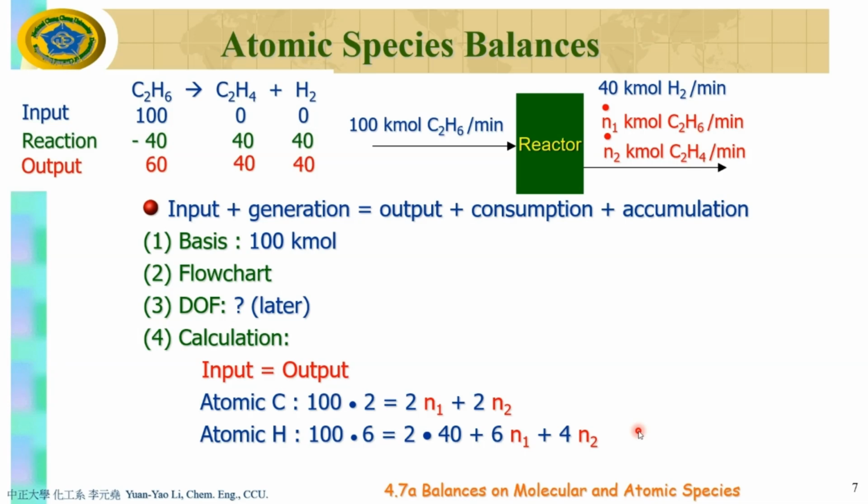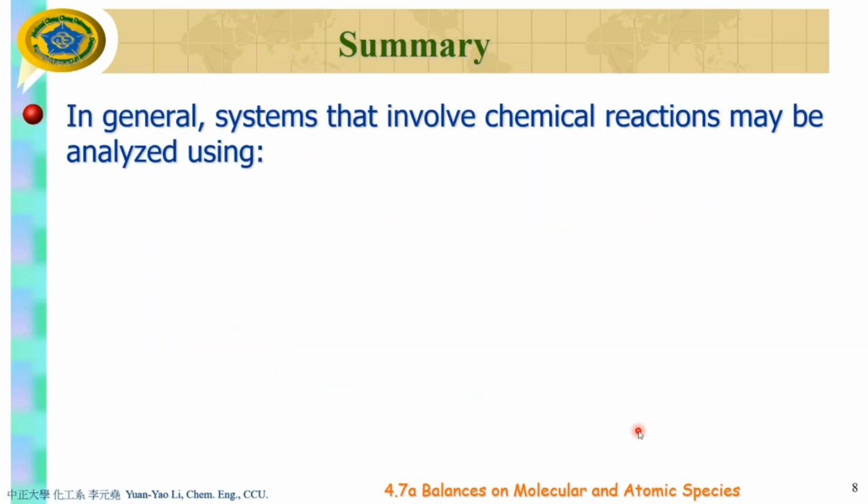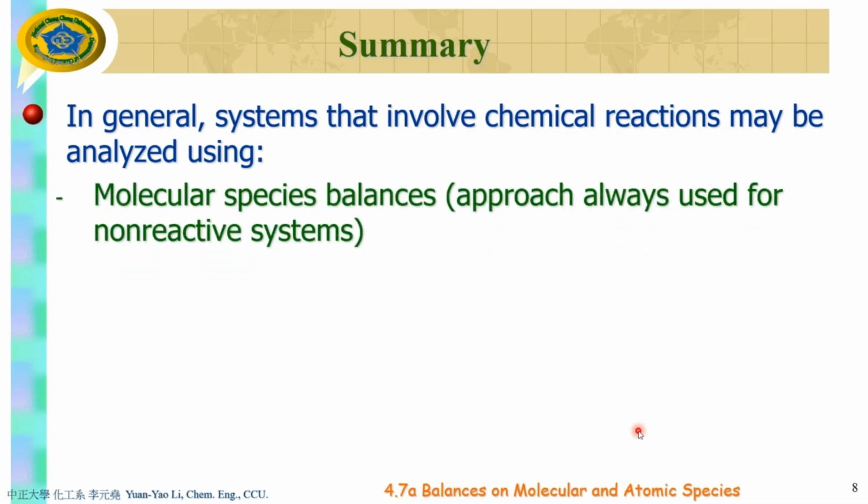Okay, so compared to the molecular species balance, obviously the atomic species balance is easier when you're dealing with the problem of chemical reaction. Why? The summary is that generally, a system that involves chemical reaction may be analyzed using 3 methods.